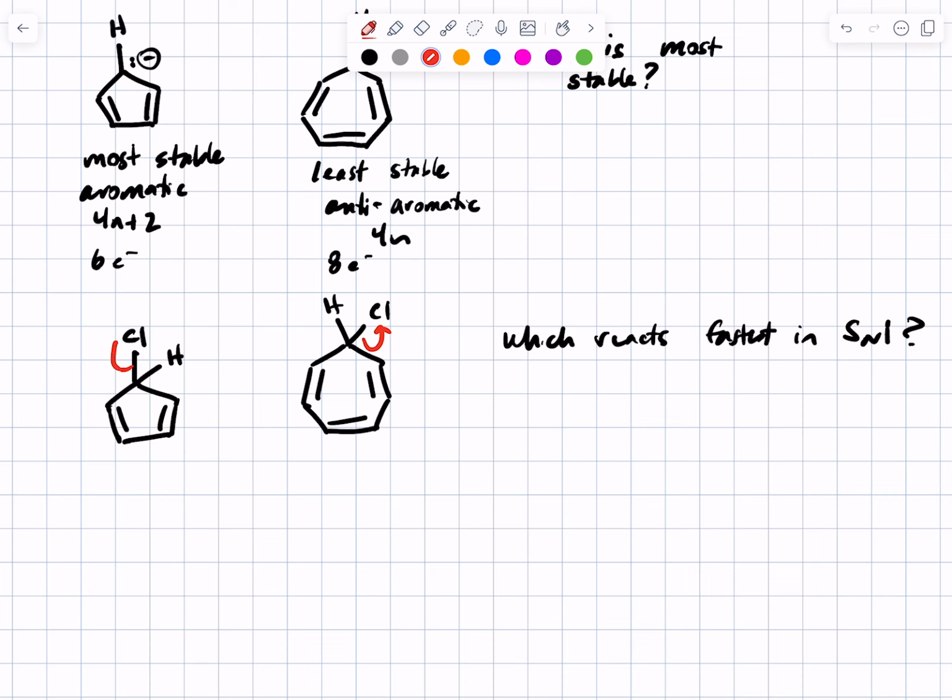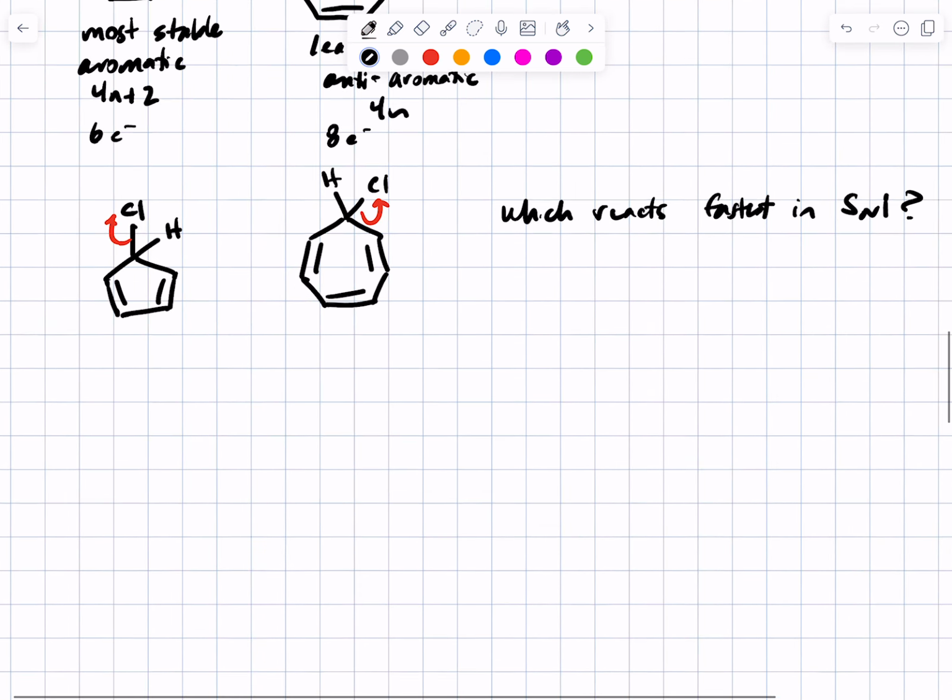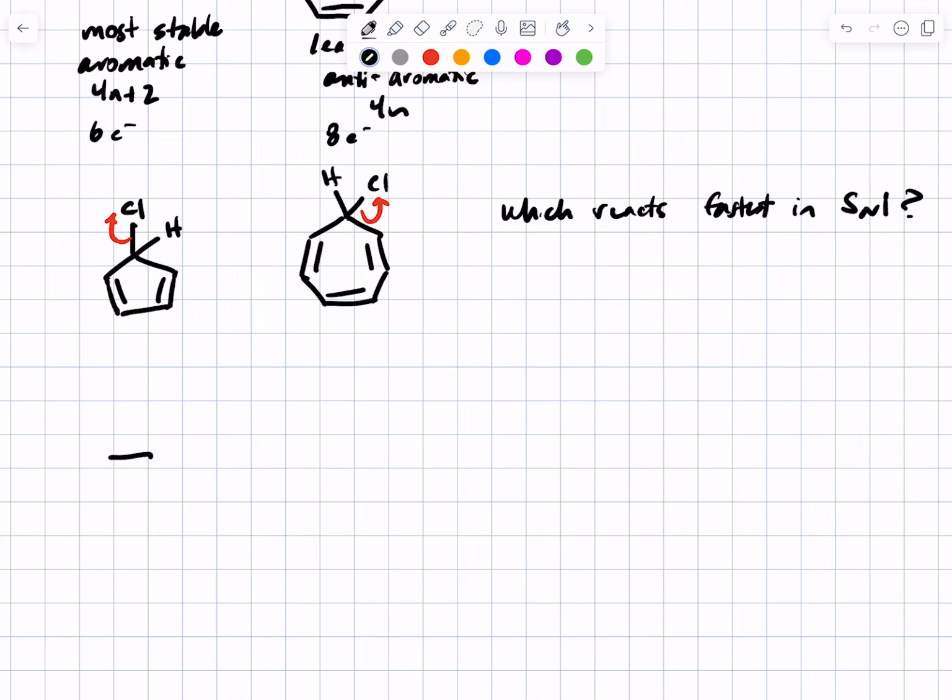So this is really a question, and that step is uphill, and it's more uphill for carbocation intermediates that are more unstable. So this is really a question about which carbocation intermediate is more stable. The one that's more stable should, the reaction that leads to it should go faster. And here I'm running out of space, so there we go.